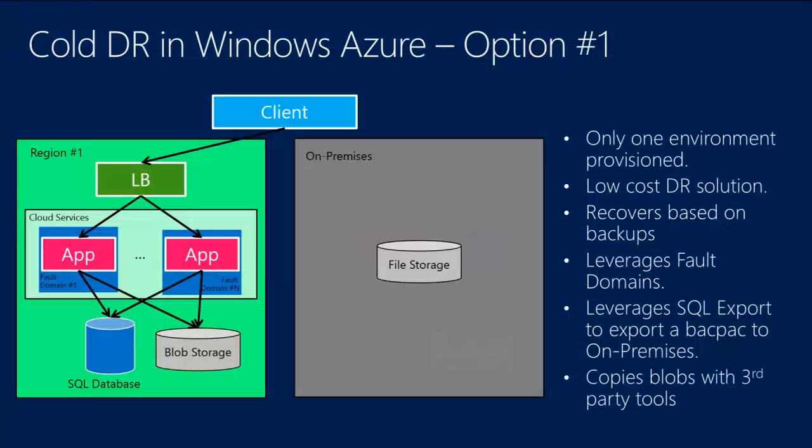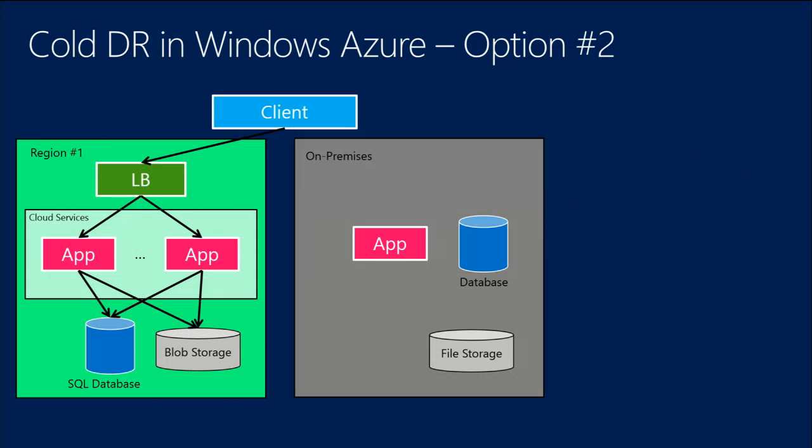Okay, so another option is, this one is actually taken from a customer. They have a solution fully running in the cloud. And their DR strategy was, in that case, if that thing is out for 2 hours, I don't care. It's not important for the business.